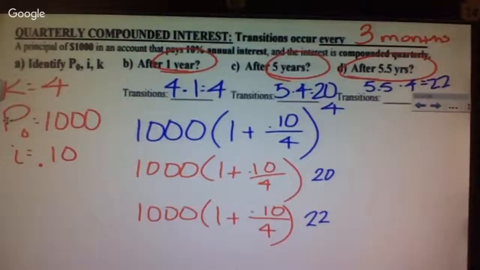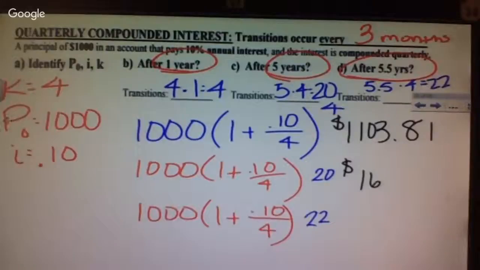Okay, so if we keep your money in after 1 year, we've got $1,103.81. If I decide to keep it in for 5 years, we're now up to $1,638.62.